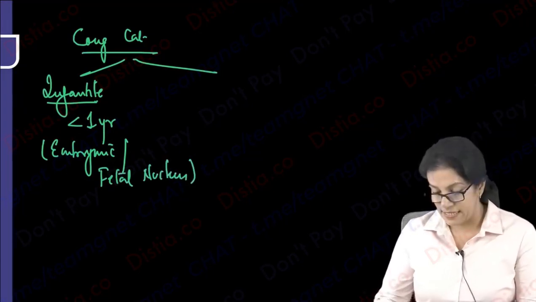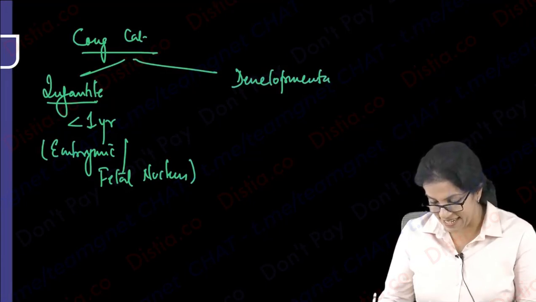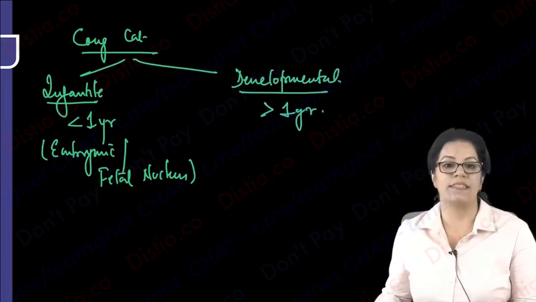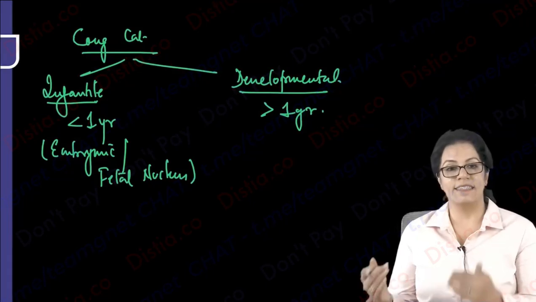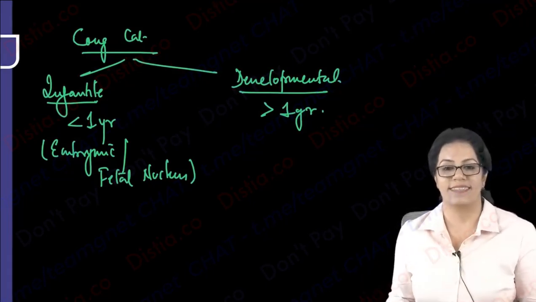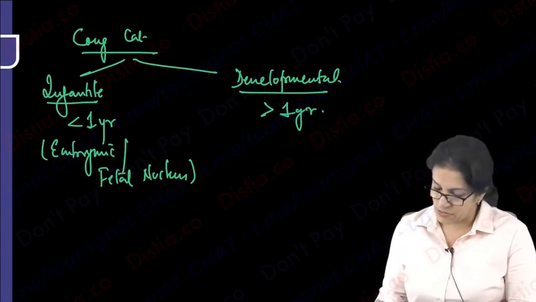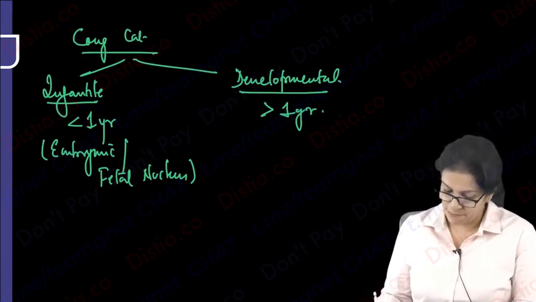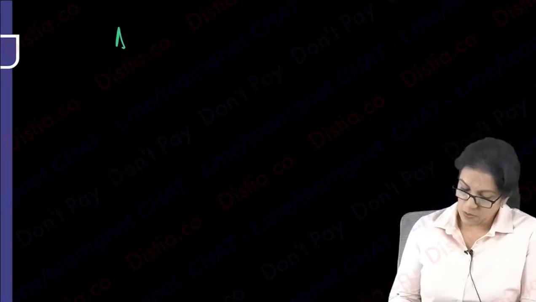And when you say developmental, this is all type of congenital cataract which is more than 1 year is developmental. We'll take this later. Next we come to acquired. Let's first finish the classification. So again, developmental will be infantile and adult. We all know that. Okay. So next we talk about acquired cataract.